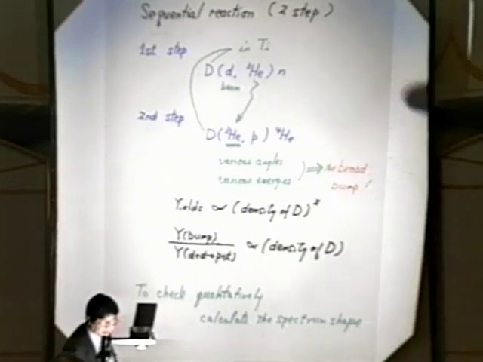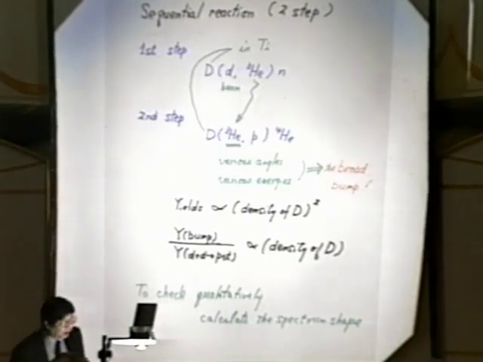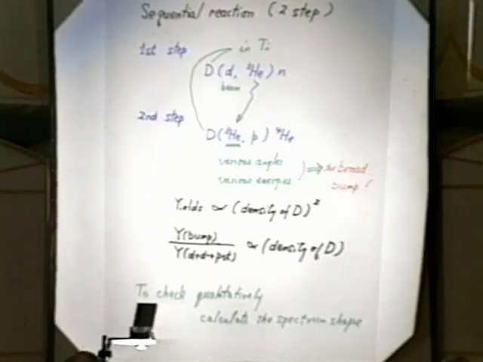I get the rough idea why the sequential reaction makes a broad peak. In the first step, the neutron in the target is a real target for the reaction, and the beam hits the neutron, and helium-3 is like a beam for the second step reaction.